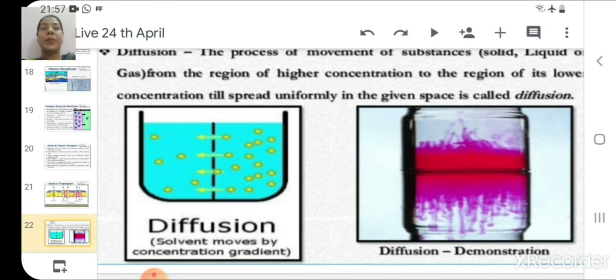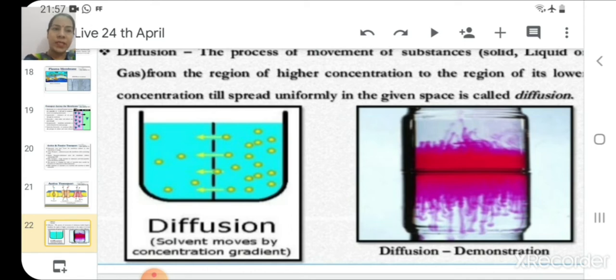In the same way, when you add some ink into water, the place where the drop of ink is put is a little more concentrated because more color is there. Slowly you see that the color spreads in all directions and the entire water turns the same color. Here in this slide you can see that pink color is used. Initially the pink color was more concentrated at the bottom of the jar.